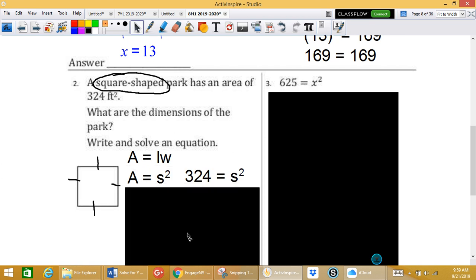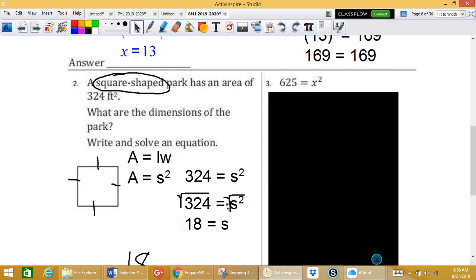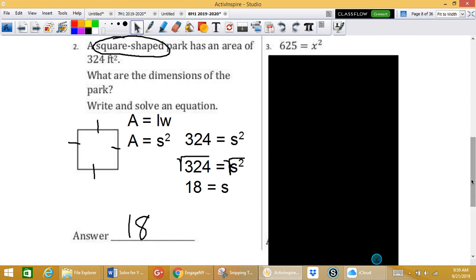So I can have area equals s squared. So area is 324, so I plug that in, is equal to s squared. I'm going to need to take the square root of each side. So 18 equals s, so the side lengths are 18.